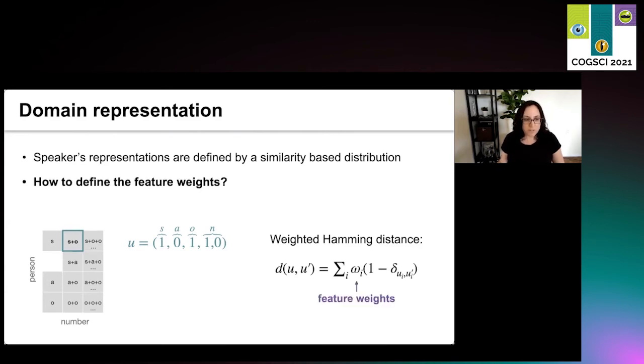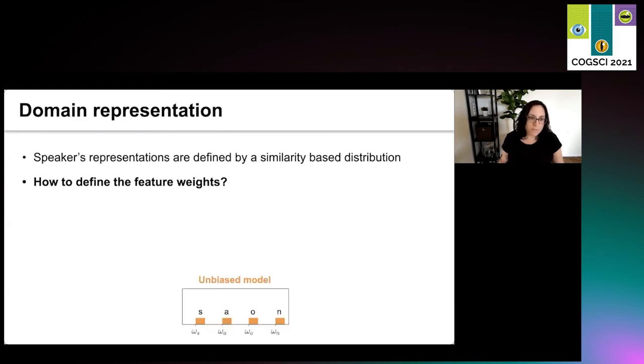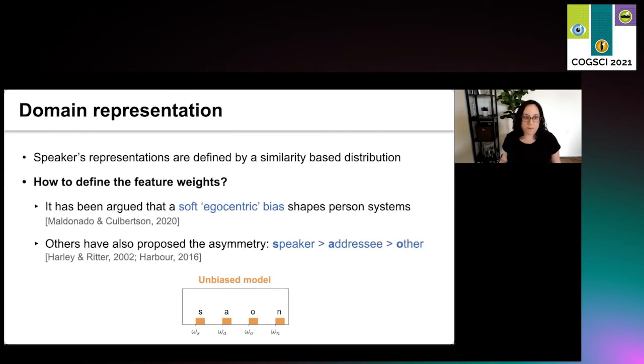So now the question is, how should we define these feature weights? One simple way is by assuming that all features are equally salient, and we refer to this as the unbiased model. However, as Maura explained in the first part of the talk, there is evidence for an asymmetry in the representation of the speaker and addressee, suggesting that person systems may be shaped by a soft egocentric bias, favoring a salient speaker representation.